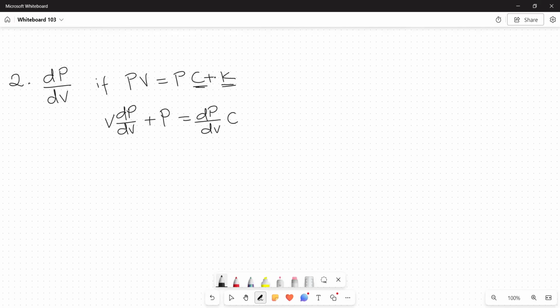And then we collect all the terms with dp/dv on one side. So we have v dp/dv minus, maybe I should have done it the other way around. This one here should go that side, and this one here should stay on this side.